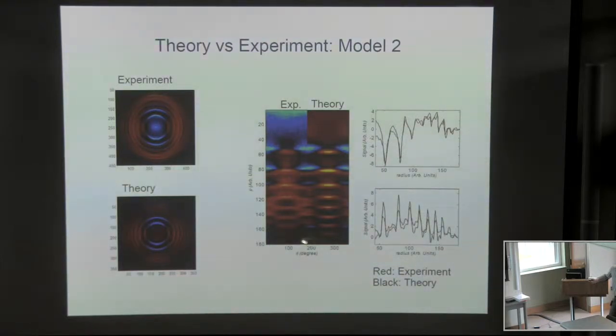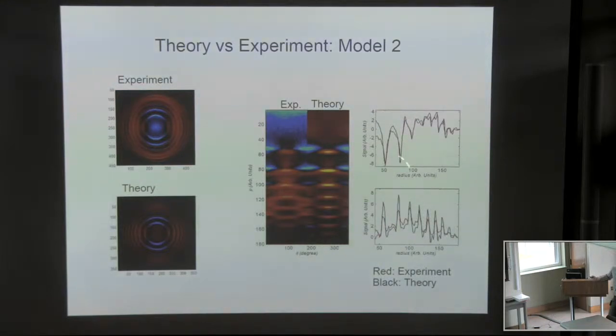And now if we look at it in polar coordinates, we can see a little bit better that we do seem to have quite good agreement between experiment and theory. And we also have some cuts here at 0 degrees and also at 90 degrees.